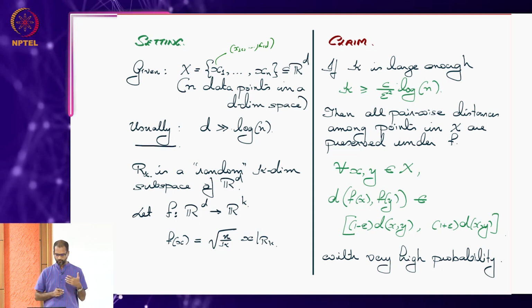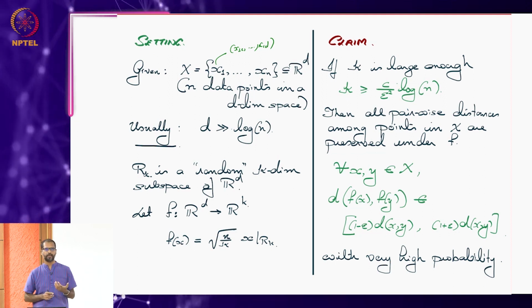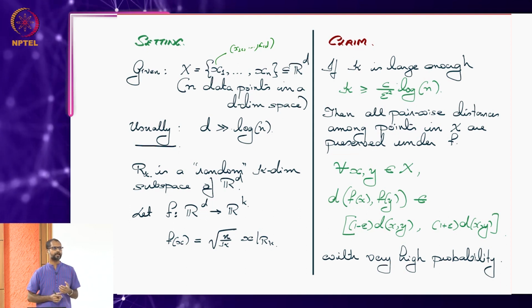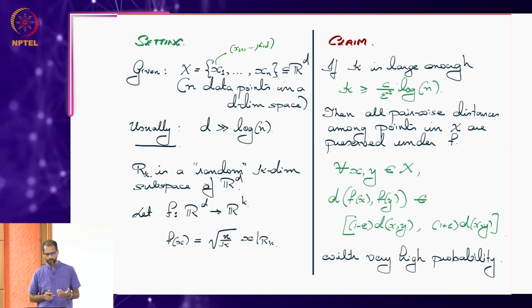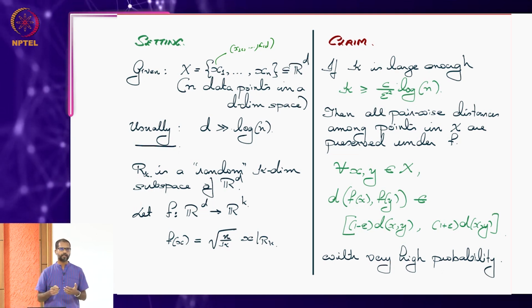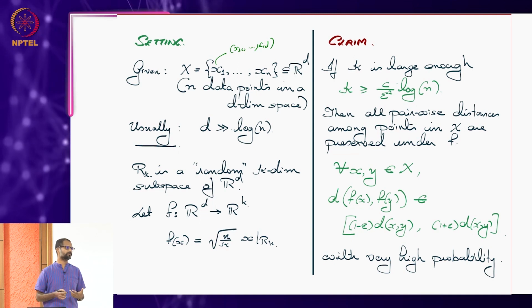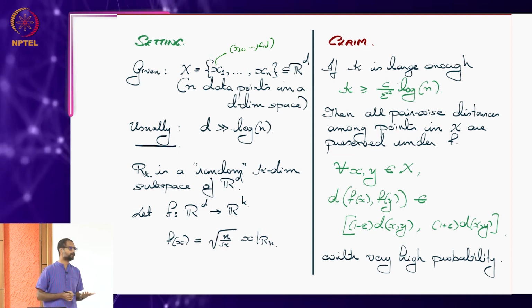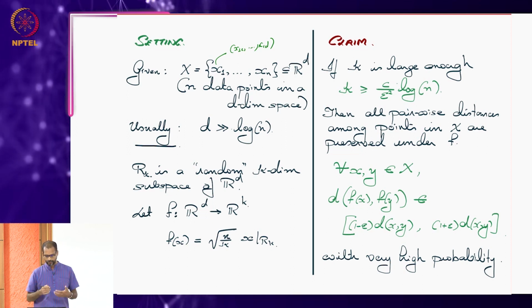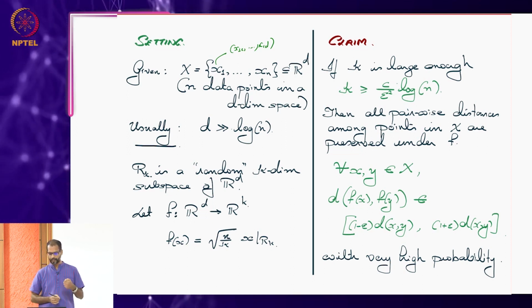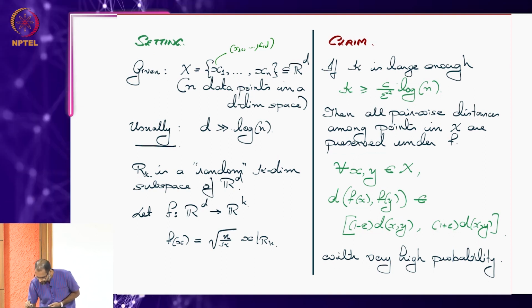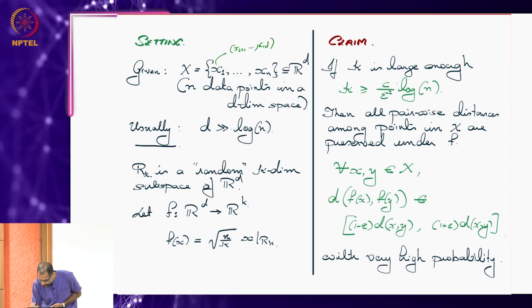Usually when do you use a random projection? You only use it when the dimension in which the data is embedded is extremely large. If you have n points, and if the dimension is already comparable to log of the number of points, you are not going to get any benefit by using this random projection, because after our analysis we will see that for random projection to work, you need something of the order of these many dimensions that you see here.